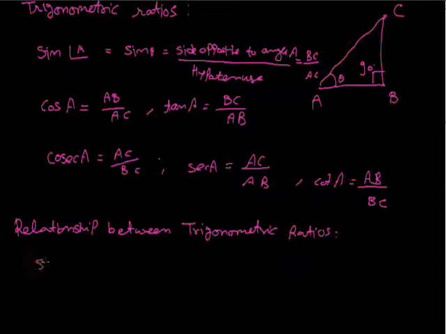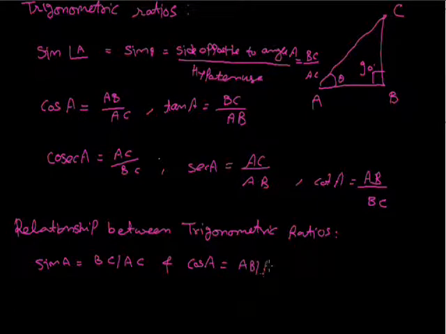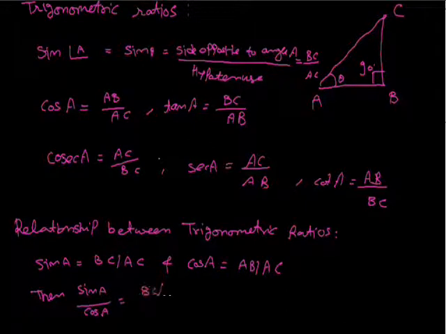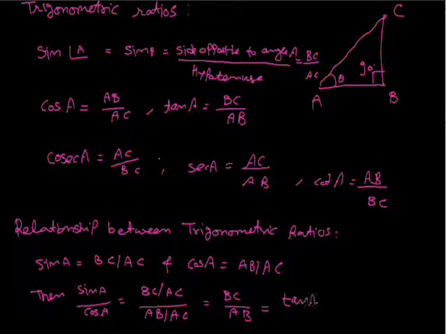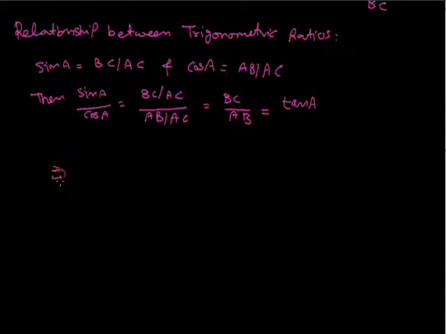We can see sin A equal to BC upon AC and cos A equal to AB upon AC. Then sin A upon cos A equal to BC upon AC upon AB upon AC, equal to BC upon AB, and BC upon AB equal to tan A. So we can deduce the result that sin A upon cos A equal to tan A.